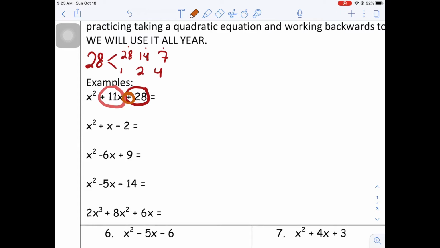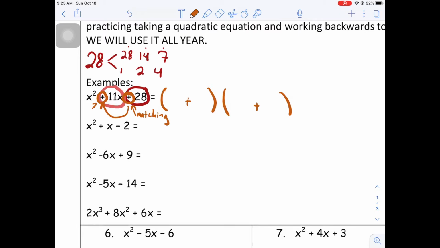If it's a positive number at the end, inside of our parentheses of the factors, we're going to have matching signs. Okay? What do they match to? They match to the middle sign here. So because it's positive, positive means matching. And then they match to the sign in the middle. So that means each of these is going to be a positive.